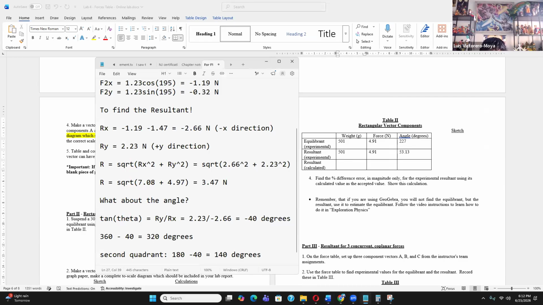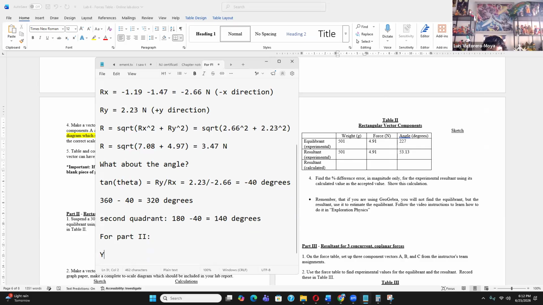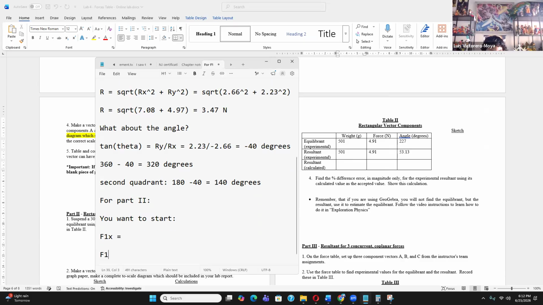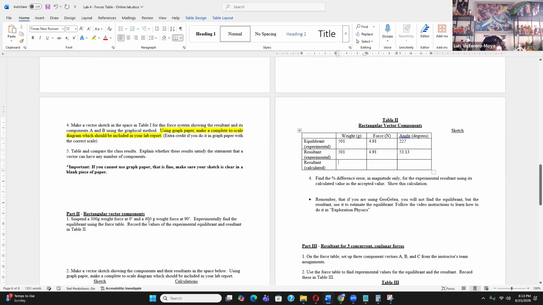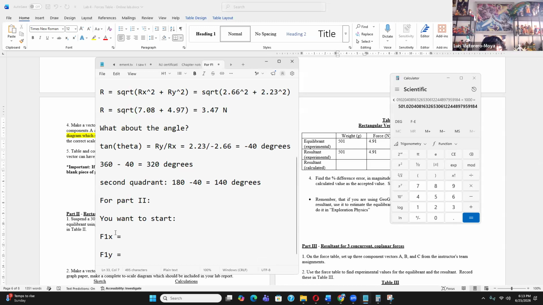All right. So for part 2, you want to start by doing F1x, F1y using 300 grams and 400 grams. Now, because you are at 0 degrees for 300 grams, F1y is 0.